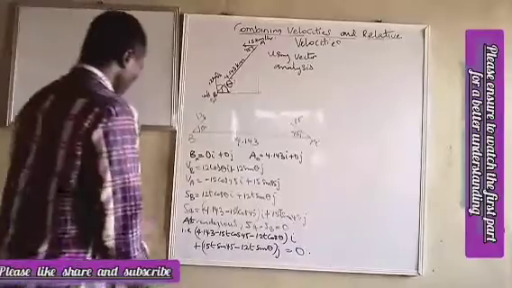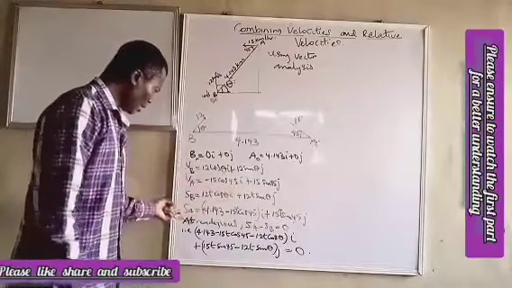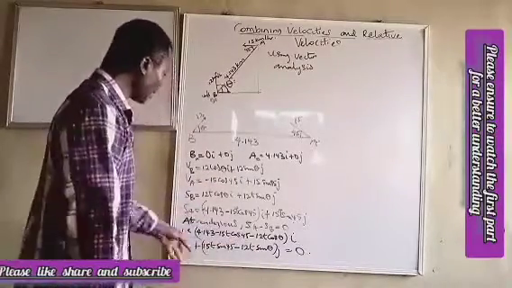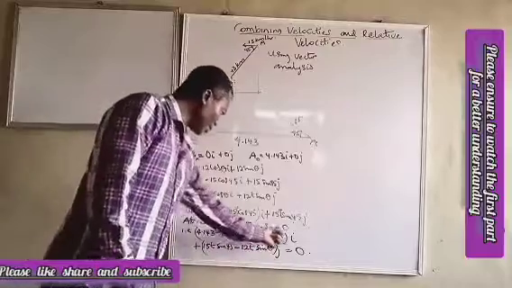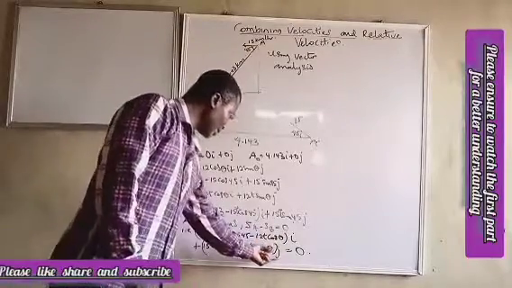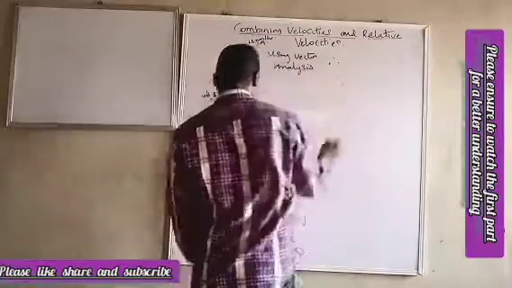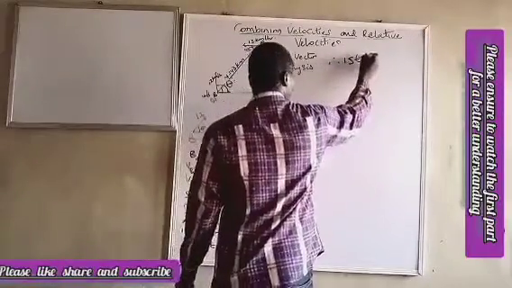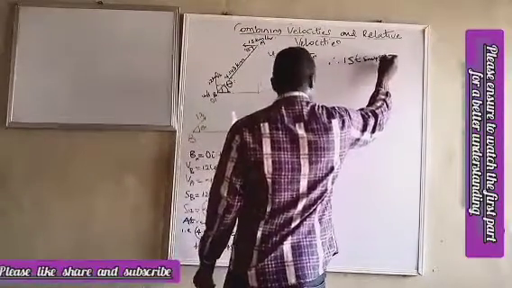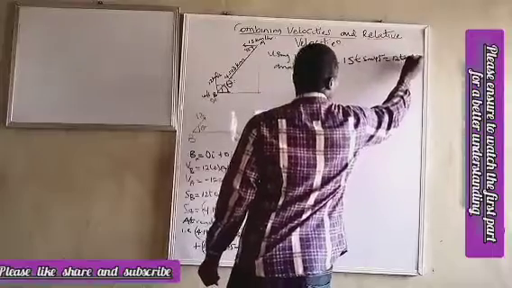So now, at any point, we have said it, which means that along the j, the distance will be 0. Therefore, 15t sin 45 is equal to 12t sin theta.